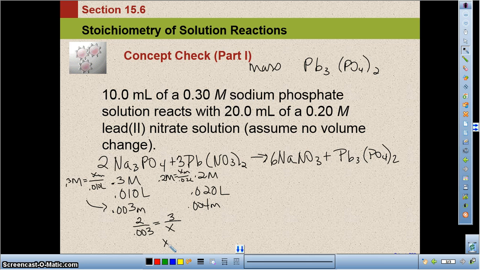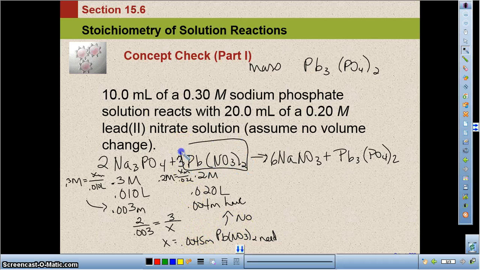So I'm going to take 0.003 times 3, and I'm going to divide that answer by 2, and my answer is 0.0045 moles of Pb(NO3)2 that I would need. This is how much I have. The question is, do I have enough? The answer to that would be no. Since I don't have enough, this is what limits me. So there's my limiting reactant.